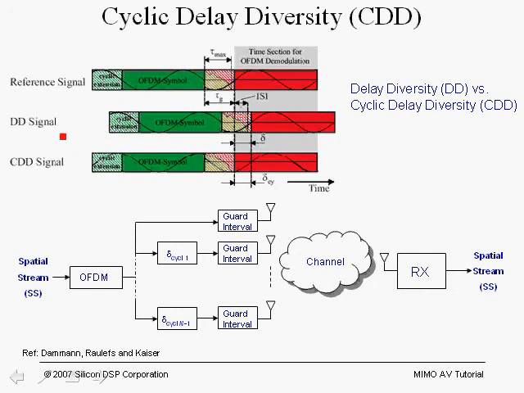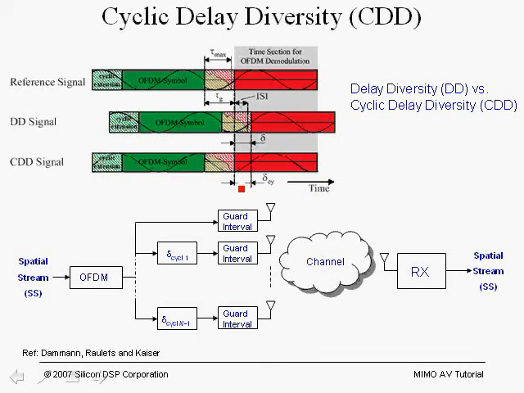Now we're going to ignore delay diversity and go straight to cyclic delay diversity, because an OFDM symbol is generated as the output of the inverse FFT and is cyclic in nature, and we're going to exploit that. In this case, compare the reference signal above to the cyclically delayed signal shown over here.